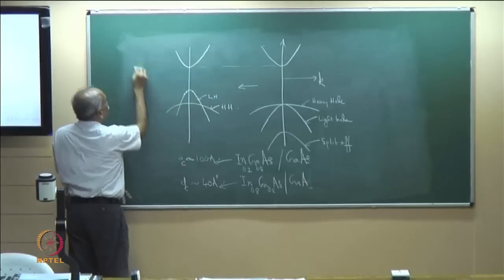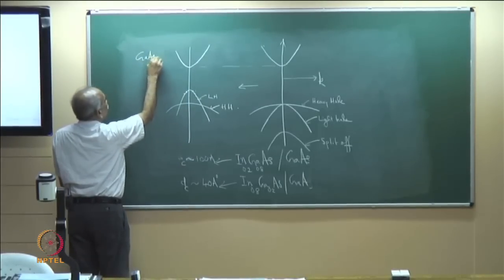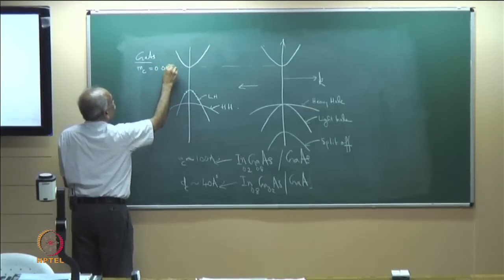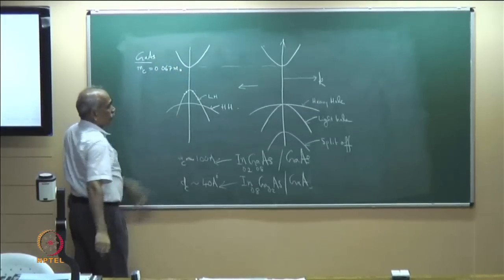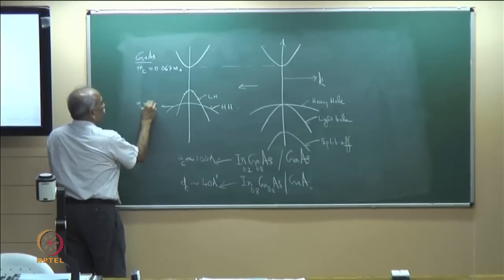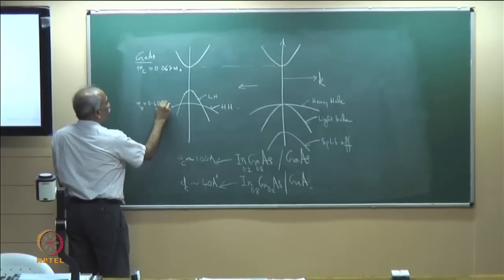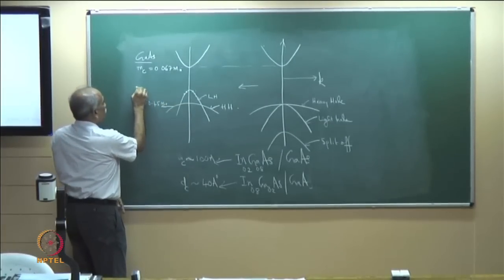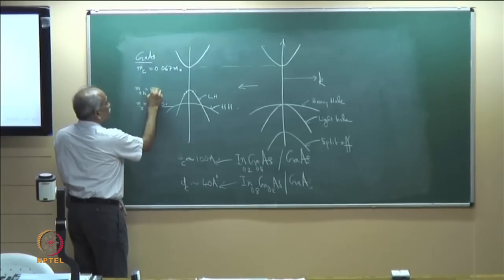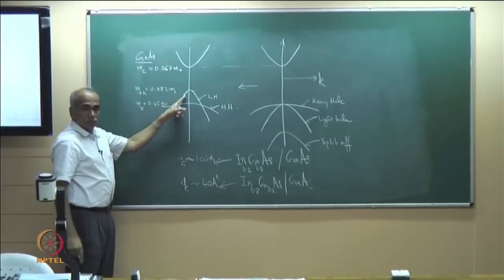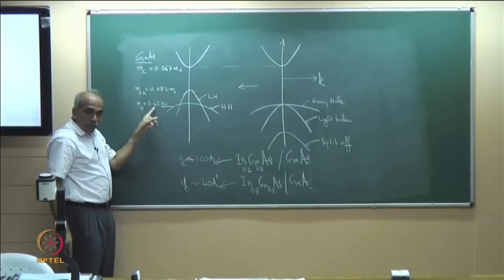For gallium arsenide, we know that MC is equal to 0.067 M0, and MV was 0.45 M0. The light hole has a mass MV of approximately 0.082 times M0.